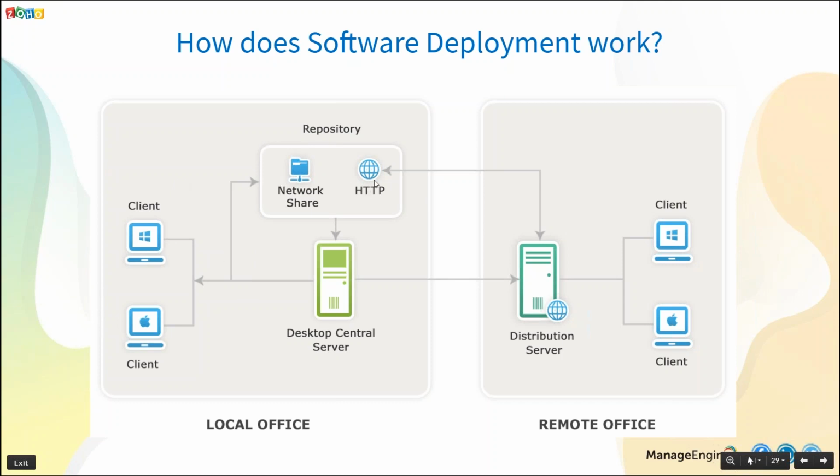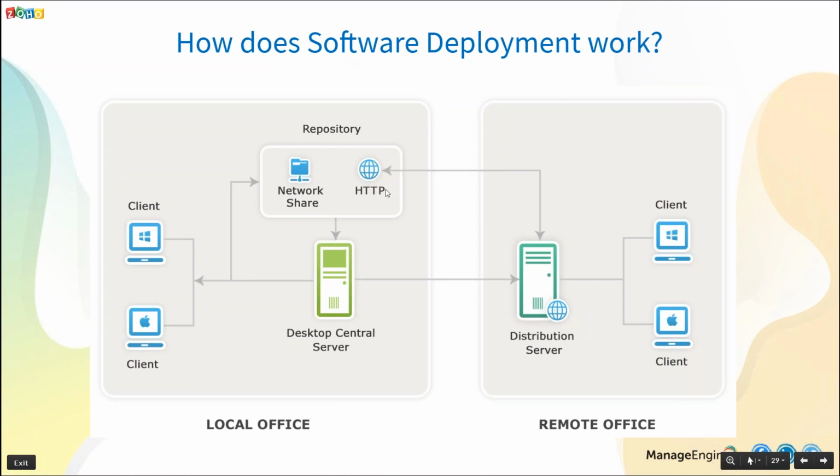The other one is the HTTP or HTTPS repository, which is more appropriate when you deploy software to a wide area network. The package which you create by uploading the installable from your local computer, and the package which you create from a software template of Desktop Central, is downloaded to this HTTP or HTTPS repository.